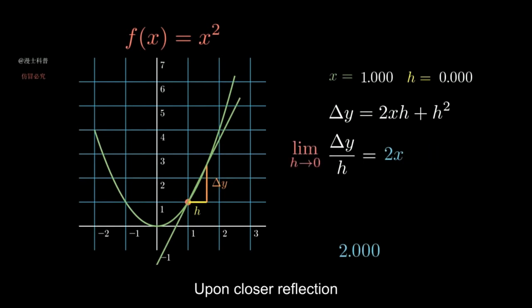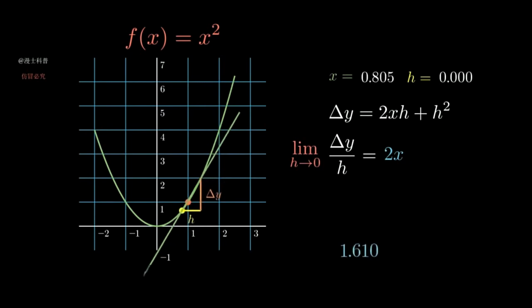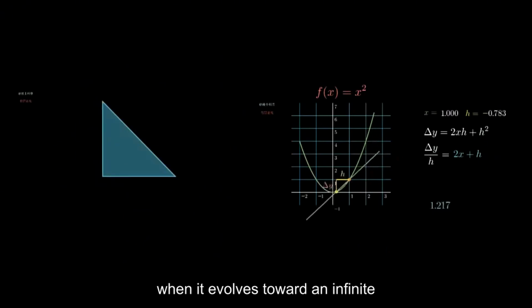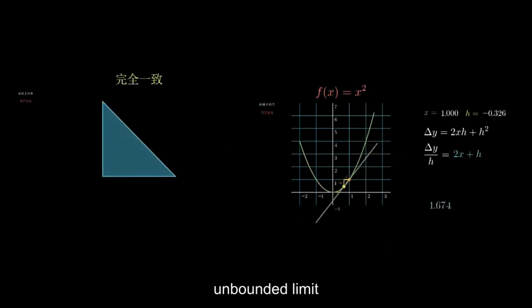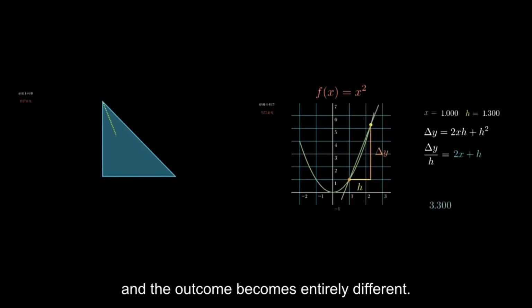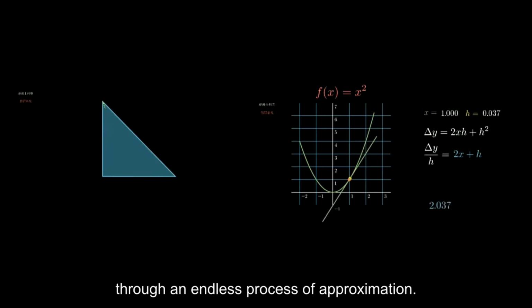Upon closer reflection, you might notice a similarity between these two dilemmas. It lies in the nature of a process itself. When it evolves toward an infinite, unbounded limit, its original properties may vanish, and the outcome becomes entirely different. In other words, certain mathematical concepts and knowledge can only achieve qualitative transformation and thus complete their definitions through an endless process of approximation.